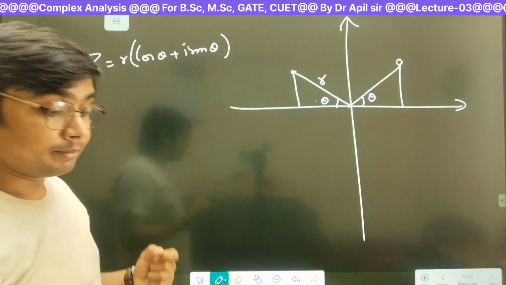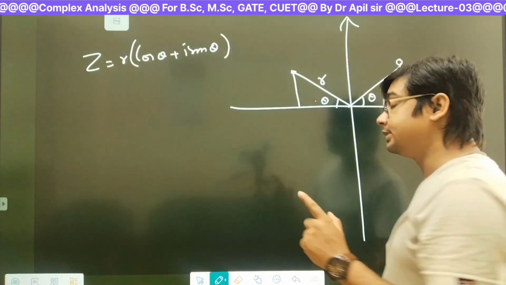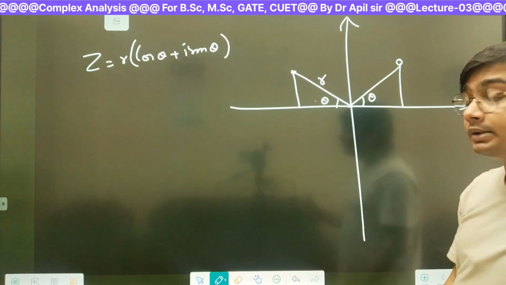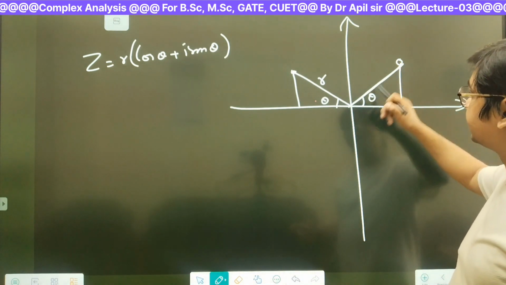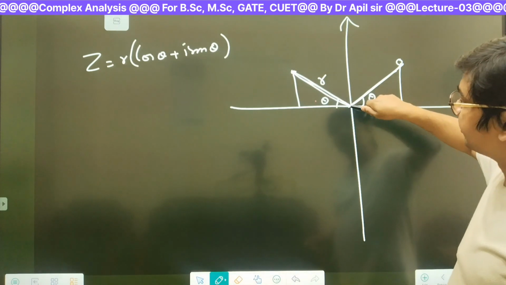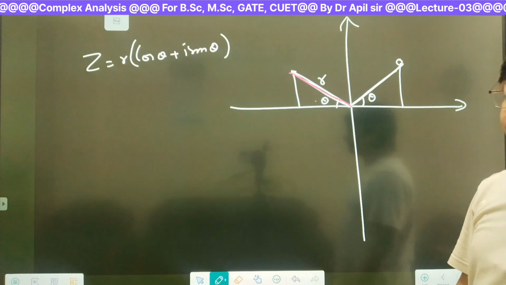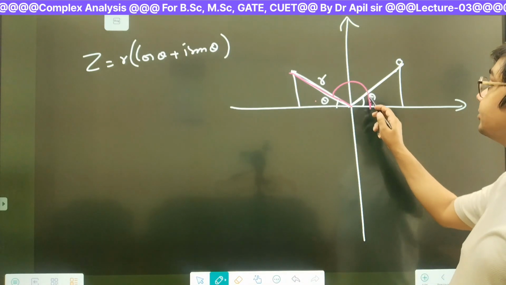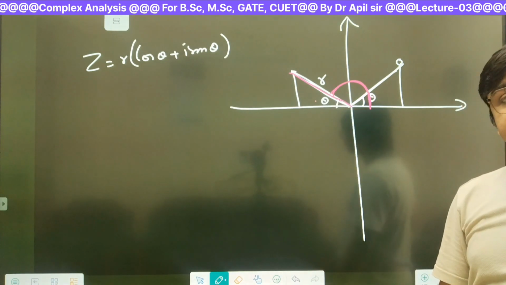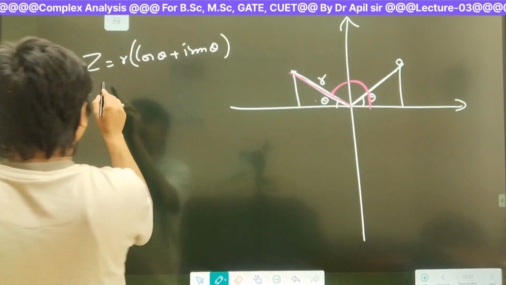No, because you must remember, argument means the angle which the line OP makes, whichever we consider, with the positive direction of x-axis. So this will be the actual argument here, right? So first, before this, I will rewrite this form.